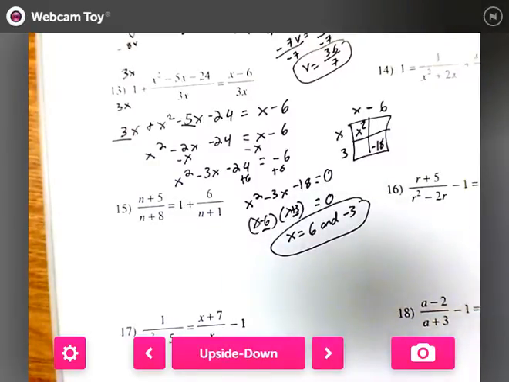Try number 15 on your own, and I will try it as well. I want to make sure you've got 13 down before I make it disappear. Try it on your own.